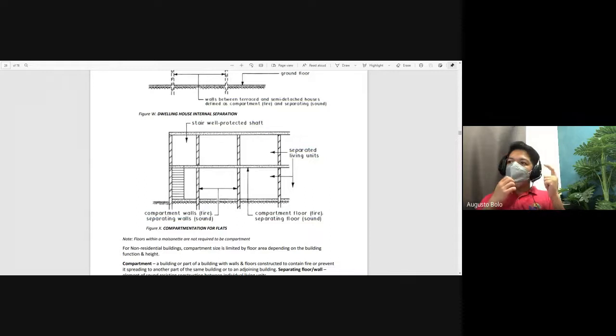So my point of giving that as an example is because we have here the topic of compartmentation. Compartmentation for stairwell, it is protected with the shaft itself. Lalo sabihin nating elevator, di ba? Ang elevator shaft is not made of CHB alone.